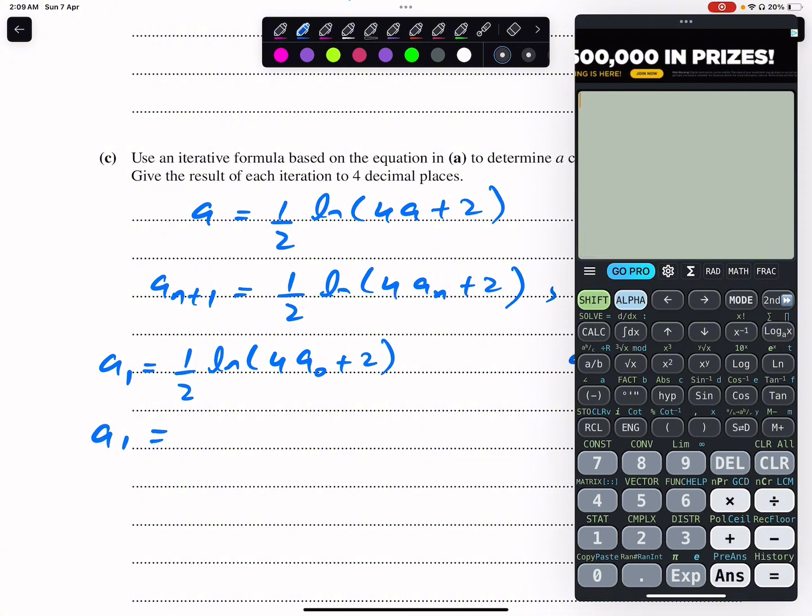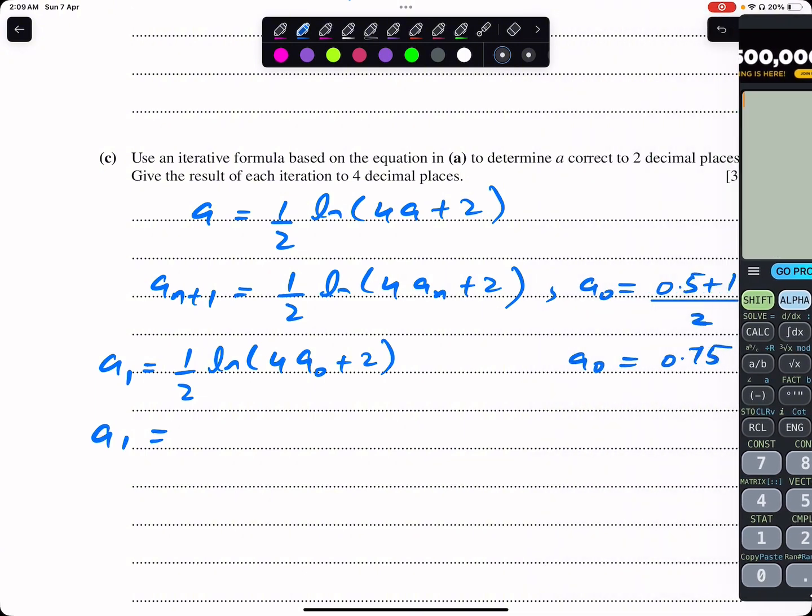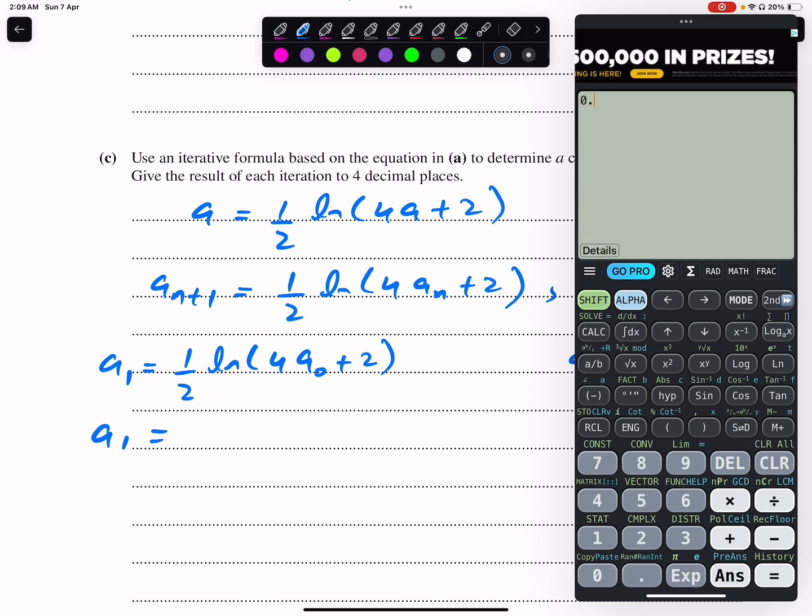Or students, as we did in our class, just press 0.75 equals to. By pressing equal, this 0.75 is saved as an answer in your calculator.